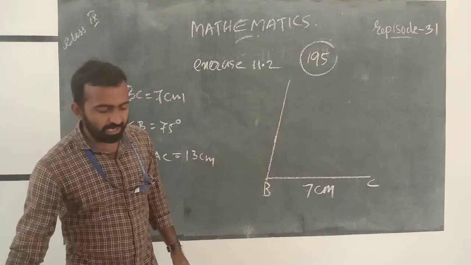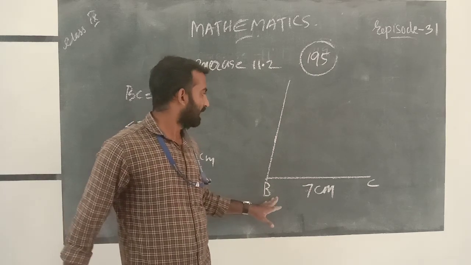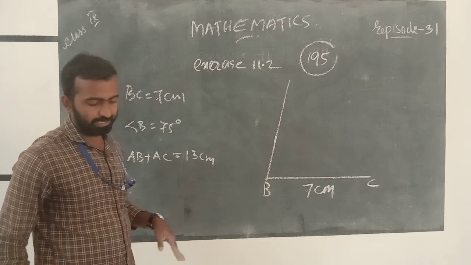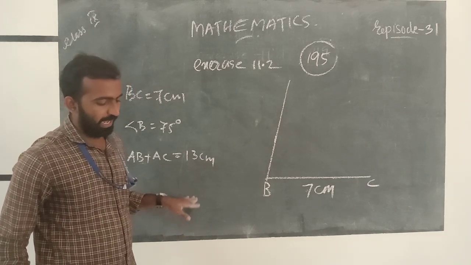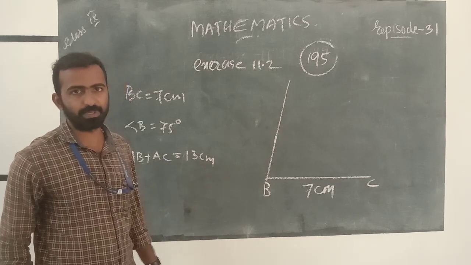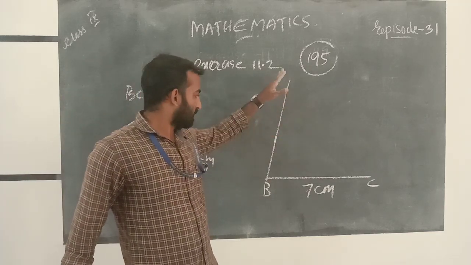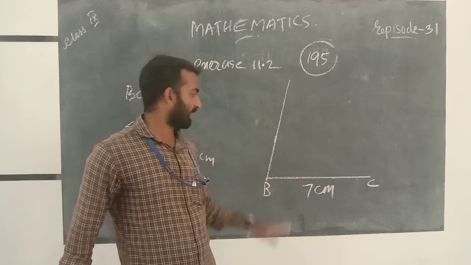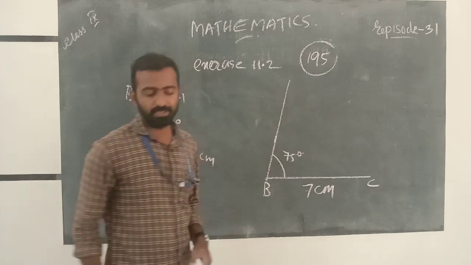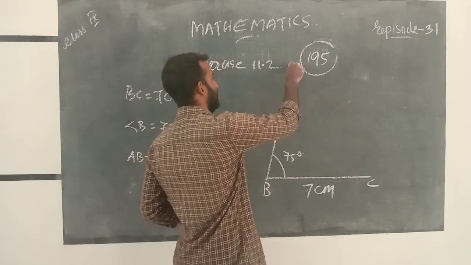Next, we cut the line at 13 cm, that is, AB plus AC equals 13 cm. This angle is 75 degrees, and here we write it as X.